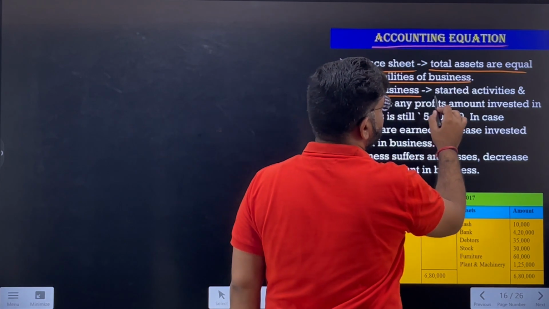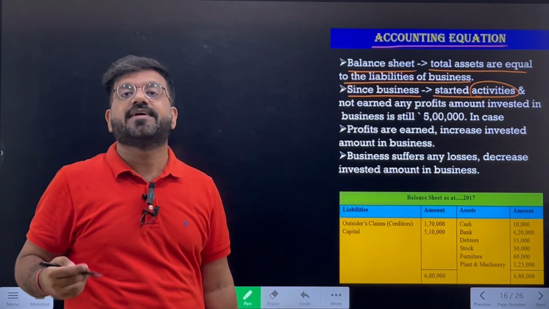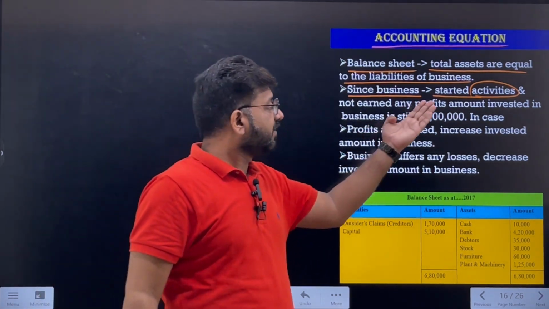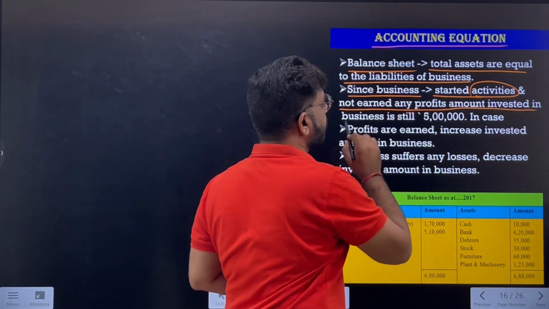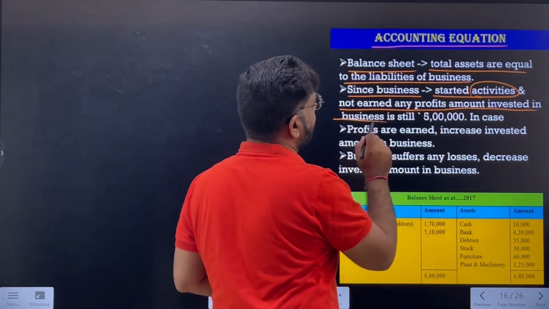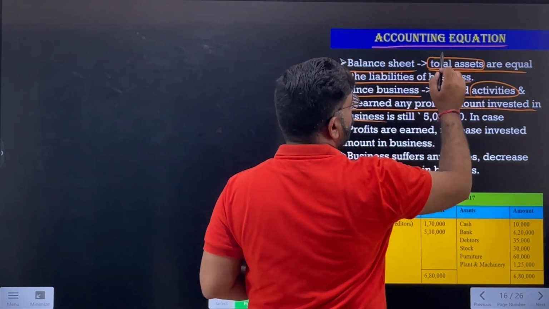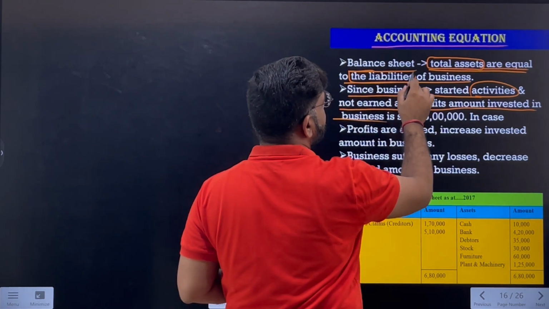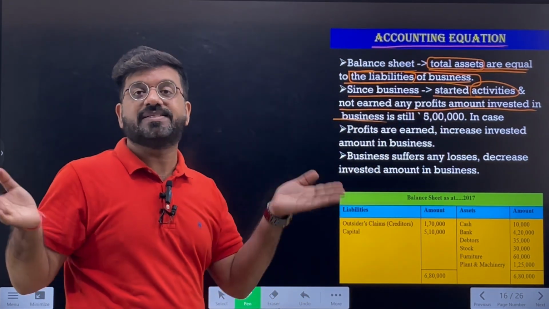Why do we start a business? We simply start a business to do the activities and earn the profit out of the amount invested in the business. Okay, now let's read it once again. Balance sheet is the sum of total assets, which is basically equal to the sum of all the liabilities of that particular business. All the assets and liabilities are always equal.